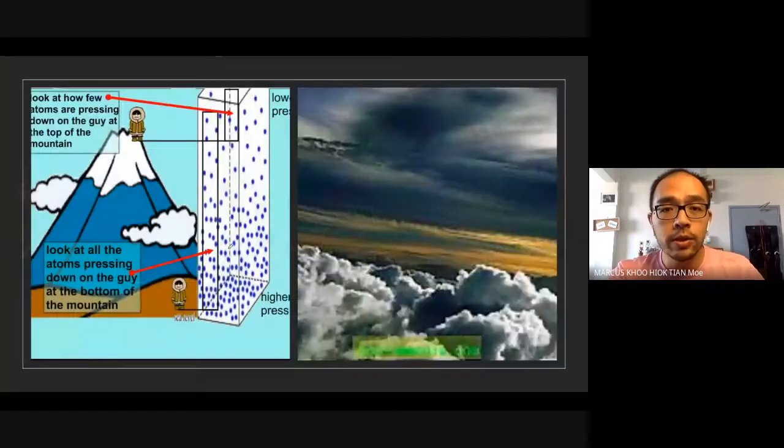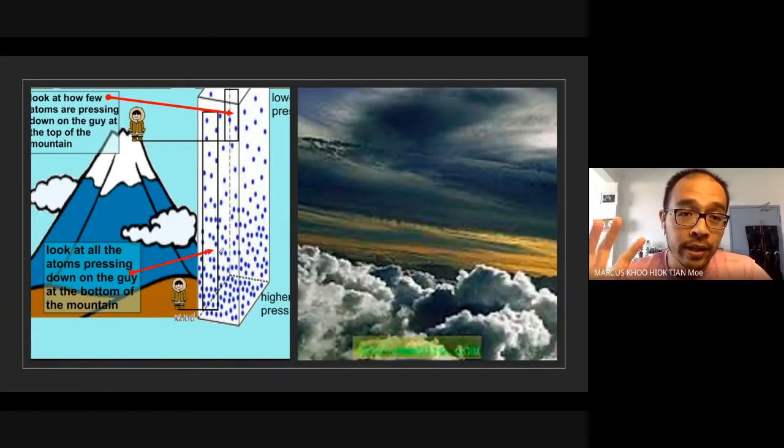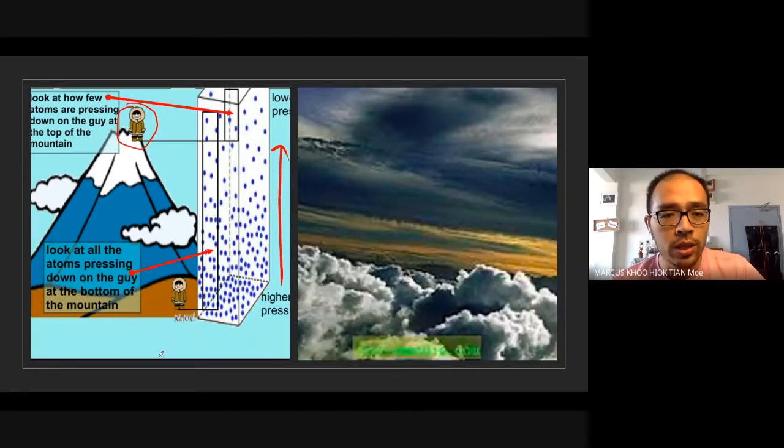I want you to look at this situation now. This guy is at the bottom of the mountain. Usually when you are nearer the bottom of the mountain, there is more air compared to when you are at the peak, at the top. Because the higher you go from sea level, the less air there is going to be.